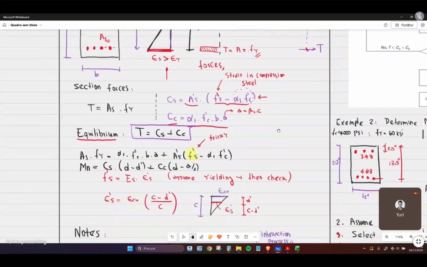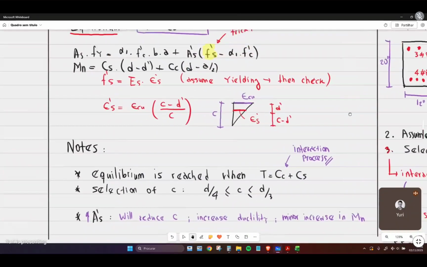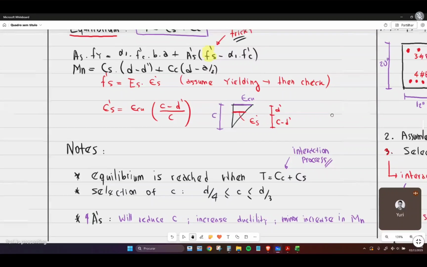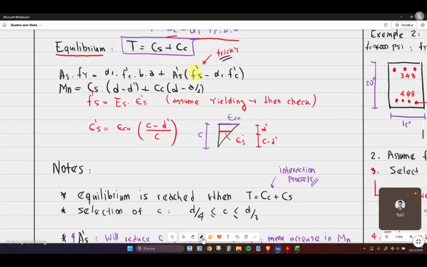All right. Lastly, one thing that we should check, where it can be tricky, is that we don't know beforehand the stress of the compressive reinforcement. Yeah, we have to determine that. So this can be very tricky. So we need to do what we call an iterative process in which we calculate the stress on the compressive reinforcement, and then we check it using the strain.